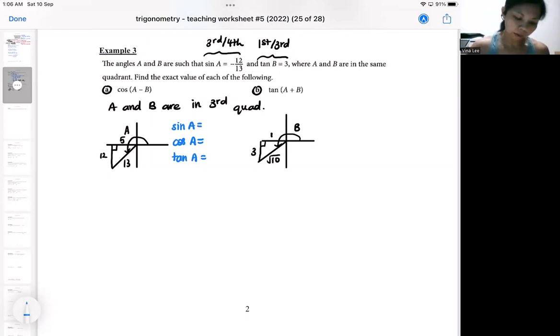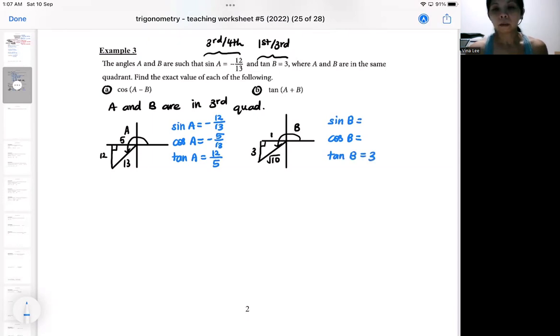So tangent, that should be O over A, 12 over 5. Cosine will be negative. So that will be negative A over H. Tangent, sine is already given. So do the same thing for sine B, cosine B, and tangent B. Get all the basic ratios ready.